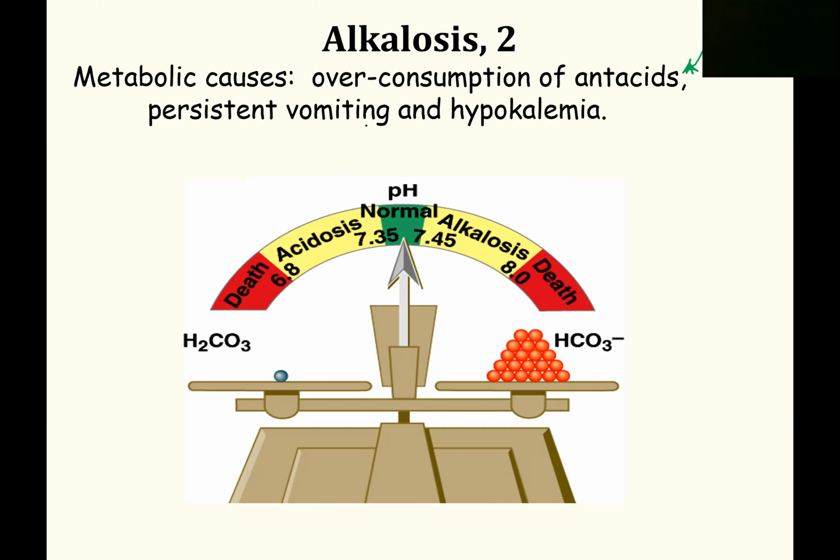Persistent vomiting, getting rid of your stomach acids in large volumes, increases the pH, reduces the hydrogen ion concentration. So low potassium levels can cause alkalosis.